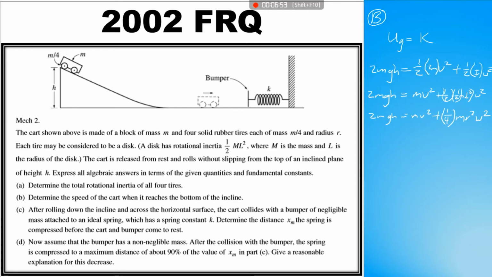Okay, what else? M cancels out. And omega squared is v over R squared.